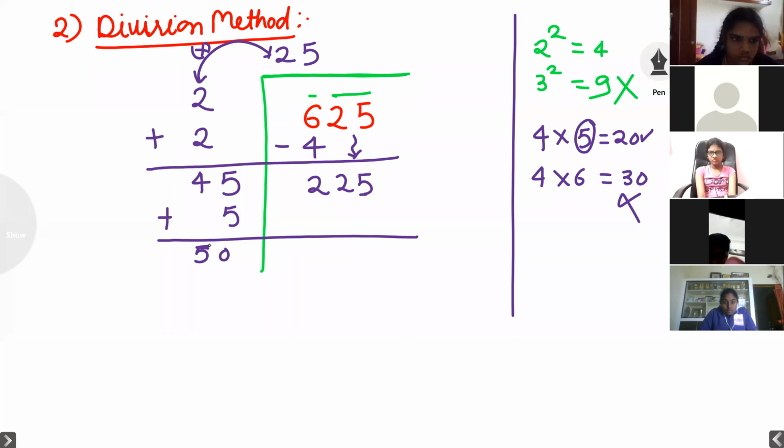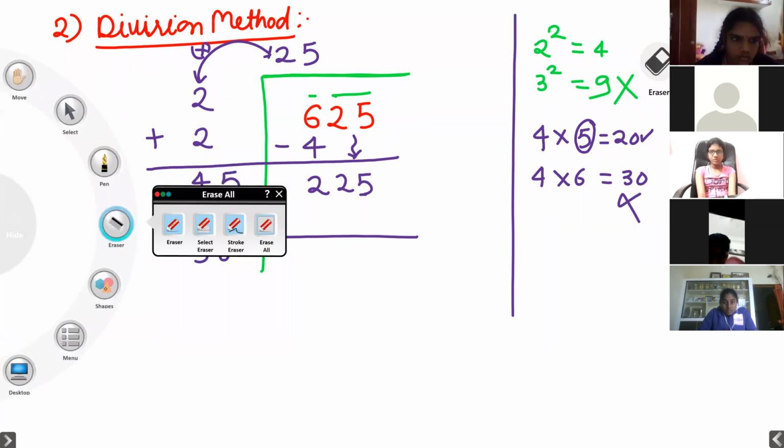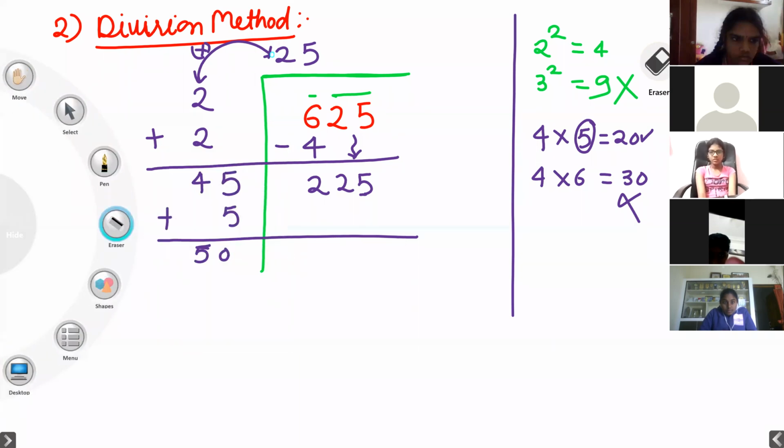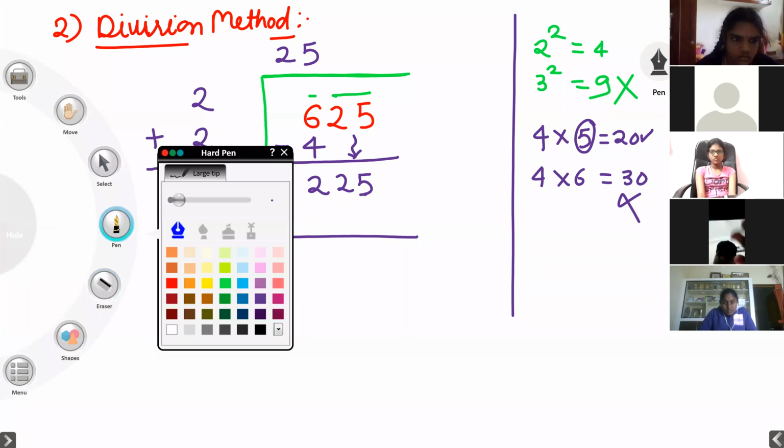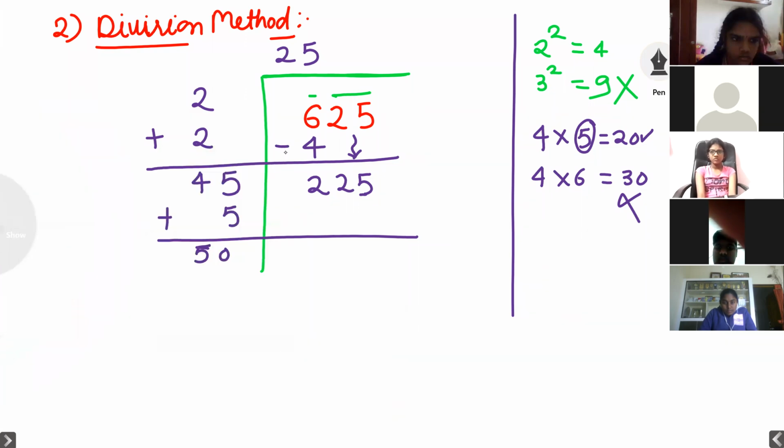Here we'll multiply this digit. 45 into 5. 5 5s are 25. 5 4s are 20 plus 2, 22.